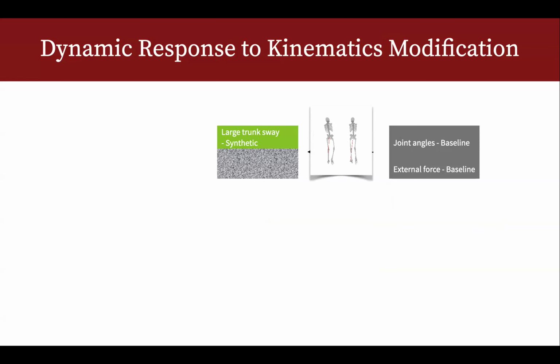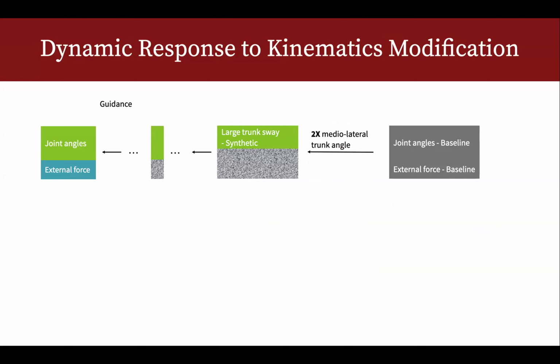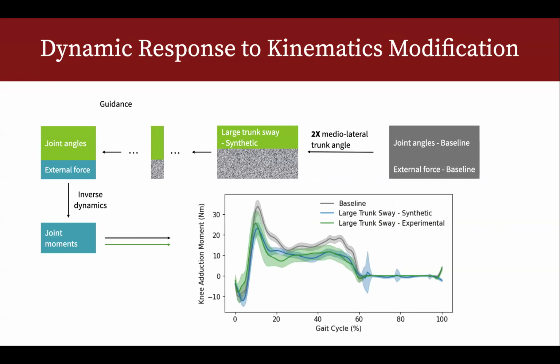The original data is in gray, and we just created more trunk sway in the poses. It turns out that we could use our generative diffusion model to predict joint moments after this change, and then we compared that with experiment results, and they're actually quite close to each other.